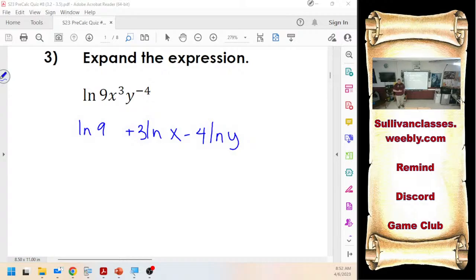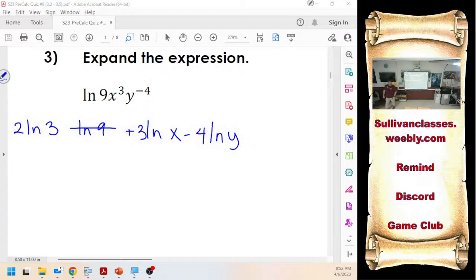Why? No, it's not. There's no parentheses there. ln of 9 is the ln of 3 squared.